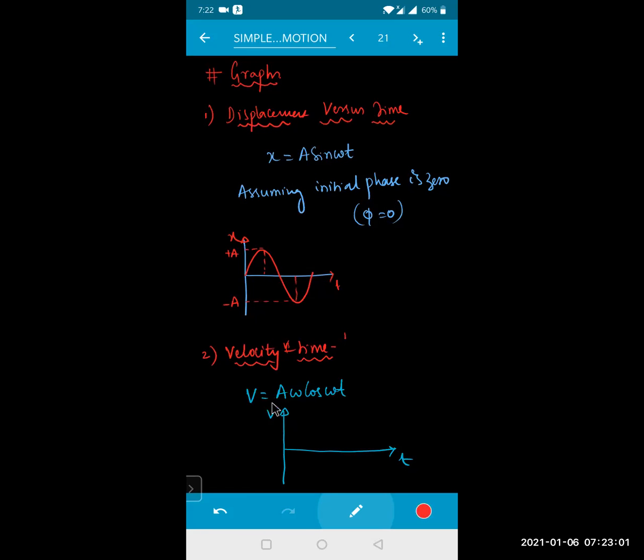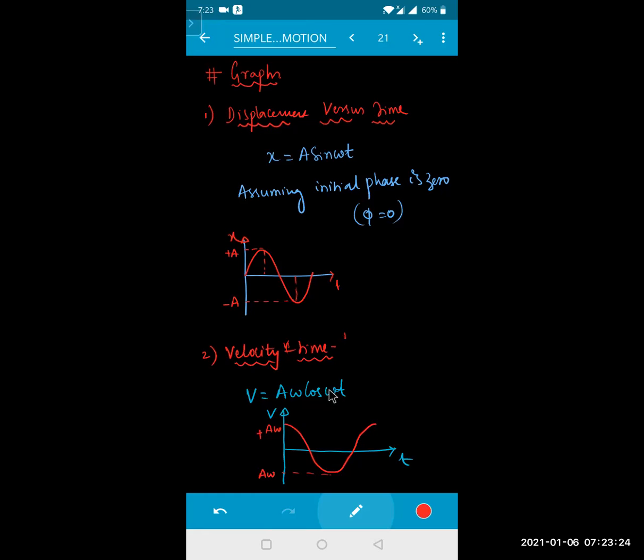Whenever we start from cos, the graph will be like this, one complete cycle. The maximum value is a into omega, because the maximum value of cos is 1.